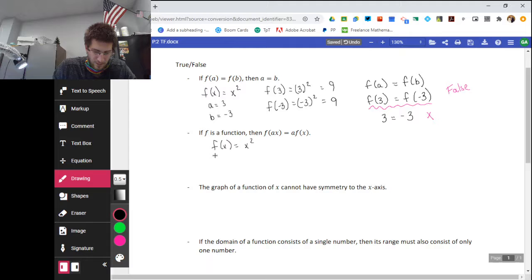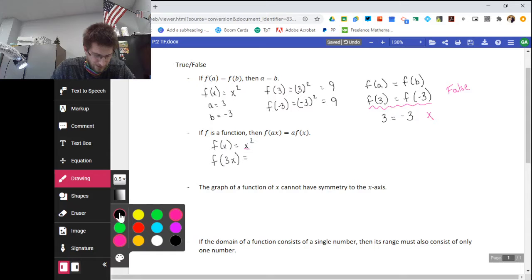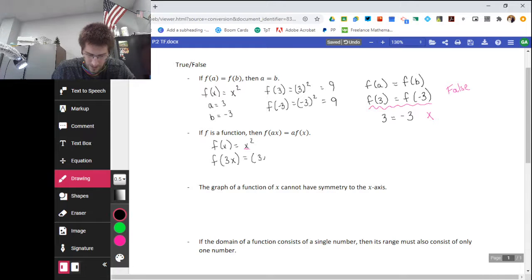And because we used 3 last time, let's evaluate the function at 3x. So f of 3x, if I put a 3x in for x, then I'm going to get 3x quantity squared. Well, 3 squared is 9, x squared. So f of 3x equals 9x squared.